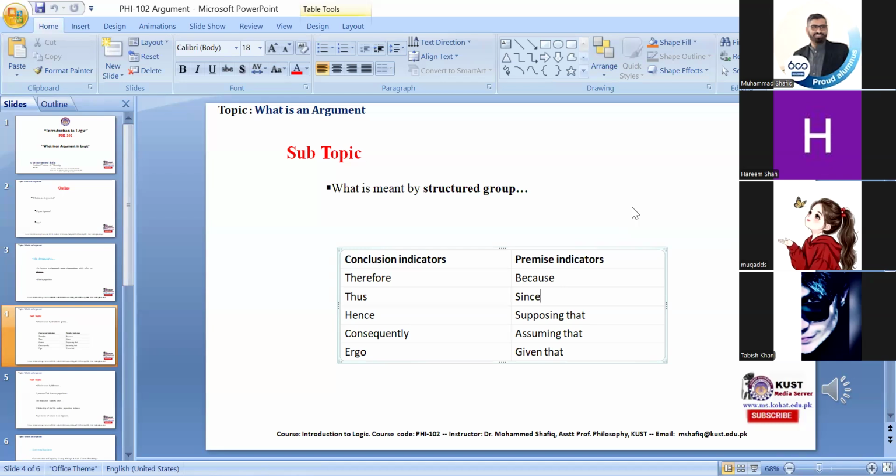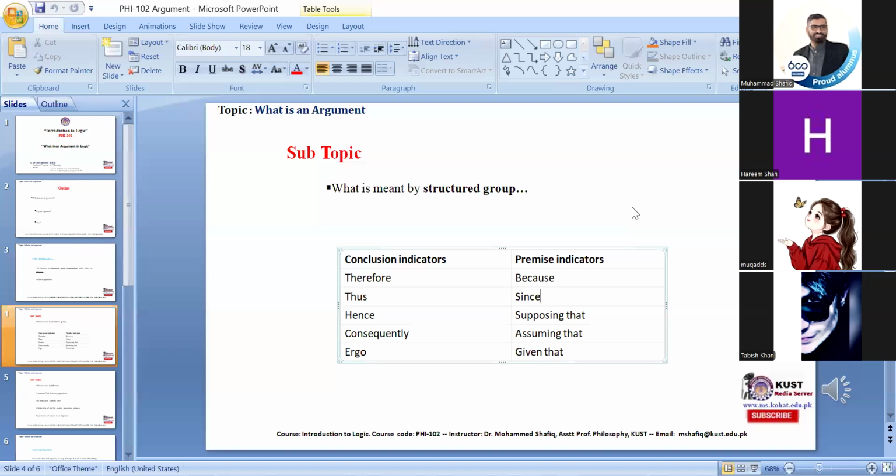The first premise compares the class of all students and the class of intelligent beings, and asserts that the class of students is contained in the class of intelligent beings. That means if anyone is a student, he or she must be intelligent. This is the first premise.